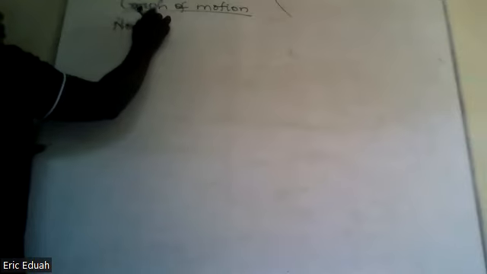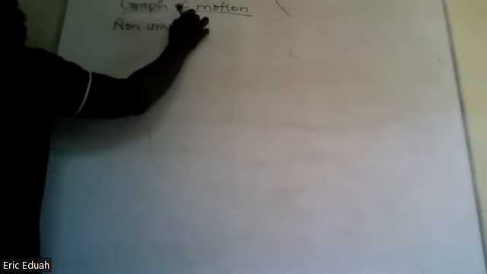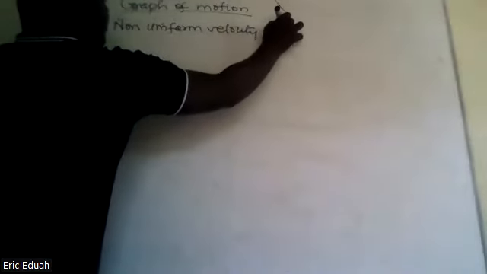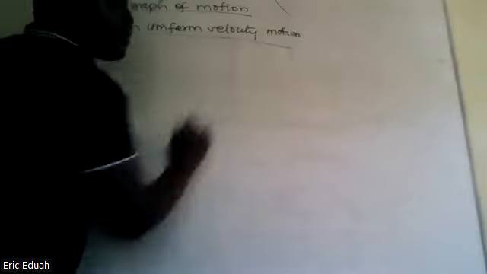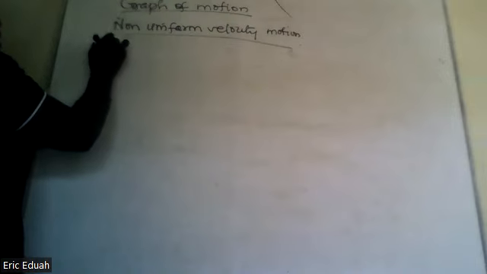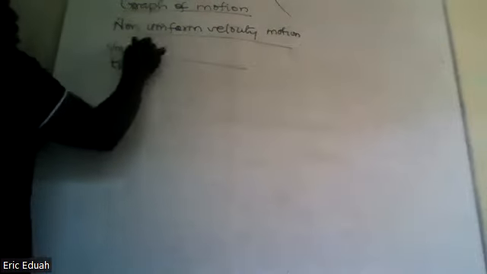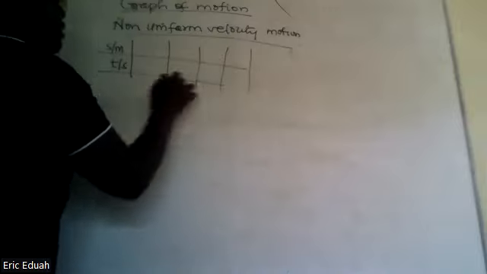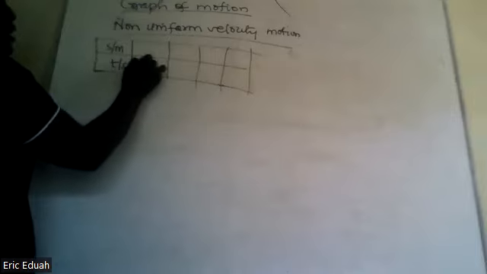A non-uniform motion. The data: distance as against time. So 0, 1, 2, 3.